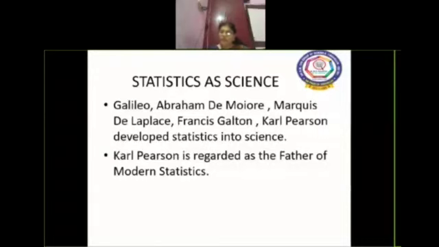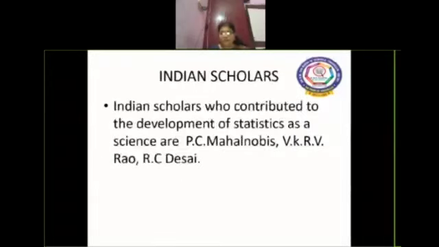Among them, Karl Pearson is regarded as the father of modern statistics. And in the same way, in India, the Indian scholars who contributed to the development of statistics as a science are P.C. Mahalanobis, V.K.R.V. Rao, and R.C. Desai.